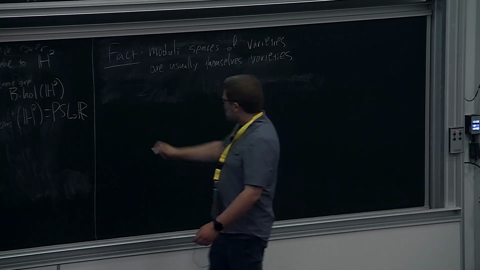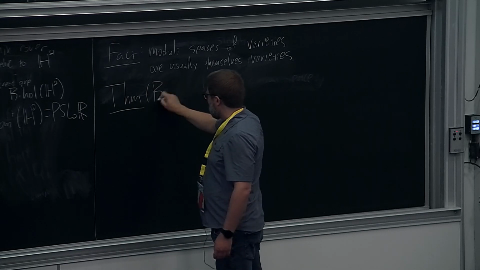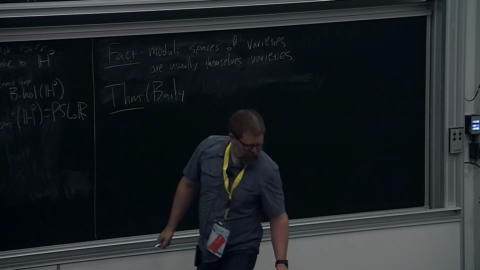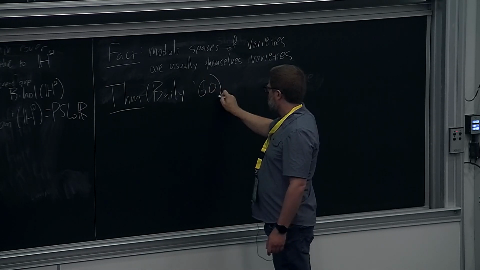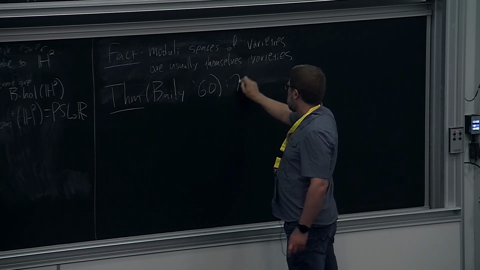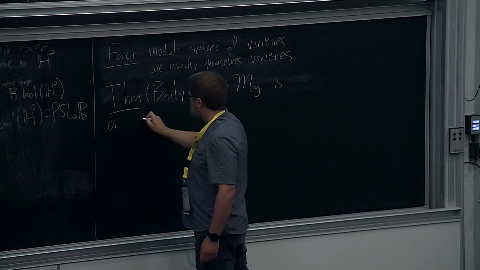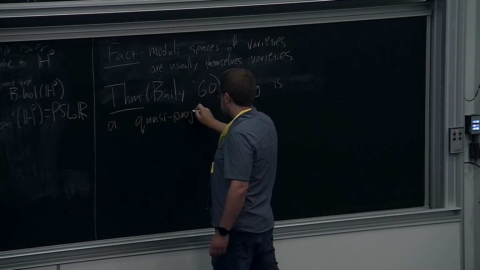And in fact, we have the following theorem. This was proven by Walter Bailey in 1960, that this one right here is a quasi-projective variety. Let me say what that means.